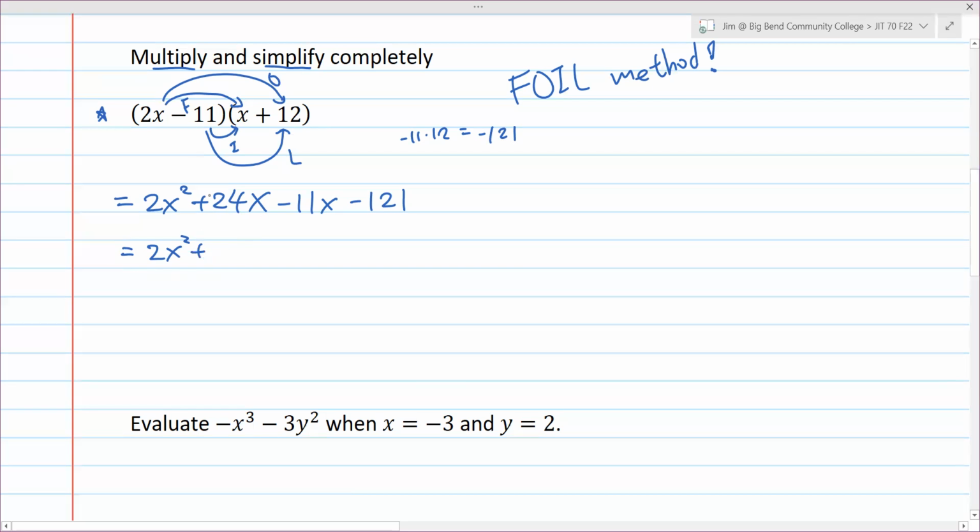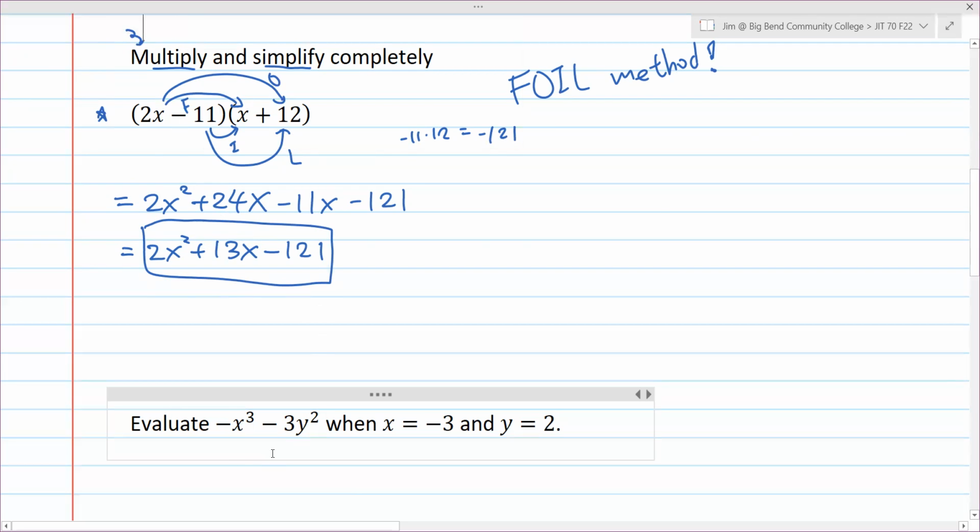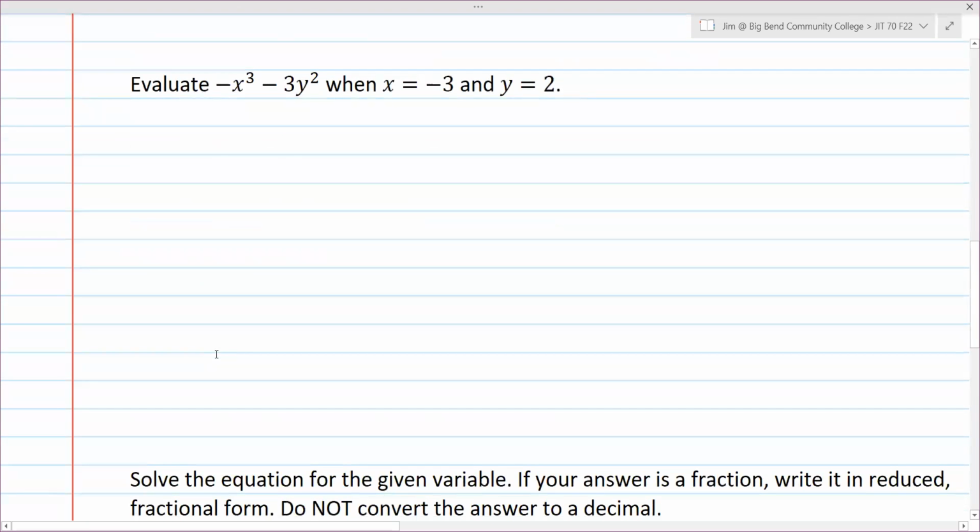So 24 minus 11 gives you 13. So the term with x should be 13x. And then the last one is negative 121. Problem solved. Right. So again, the key is to read a question and see exactly what we should do. Let's try the next one.